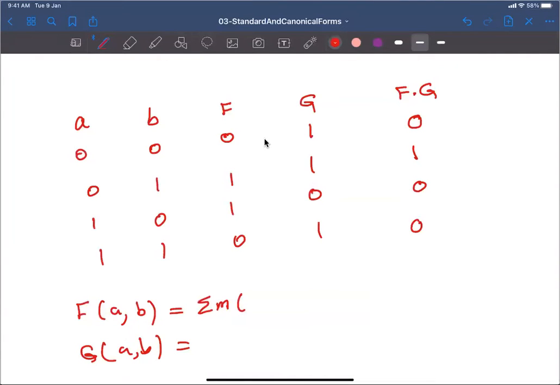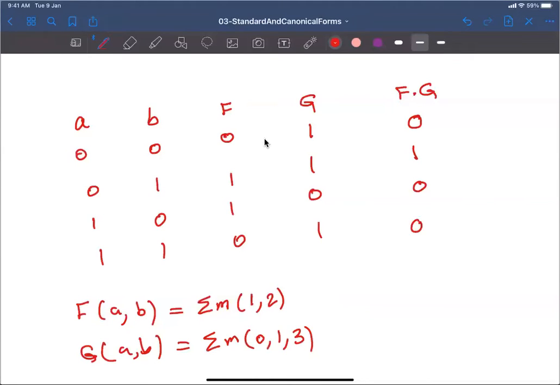Yeah, we got an answer in the chat. Okay. 1 and 2. Excellent. That's a correct answer. Can you answer the second one, please? For G as well, the G as a sum of min terms. 0, 1, 3. Yeah, excellent.